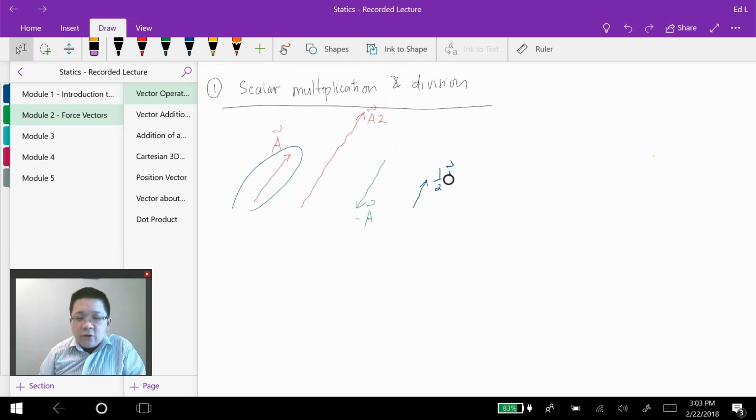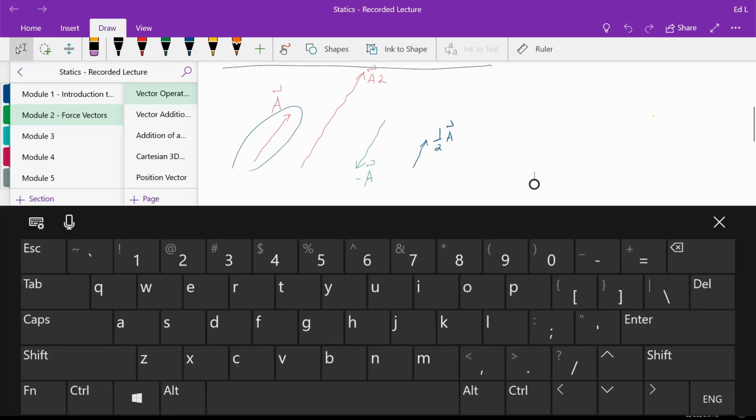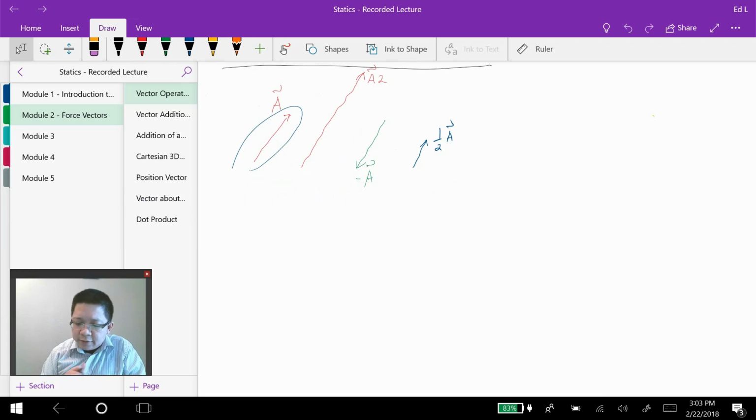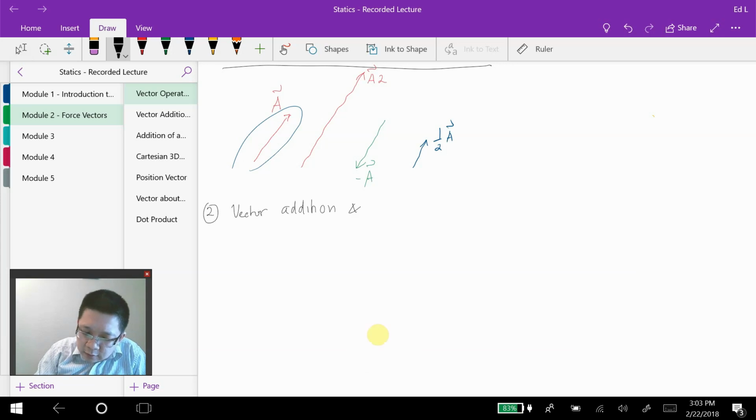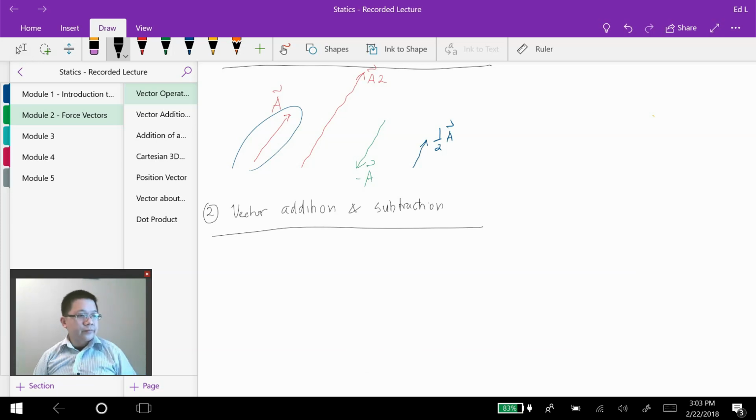I am certain that you have learned some of this in your physics class, and right now we are going to continue with factor addition and subtraction.